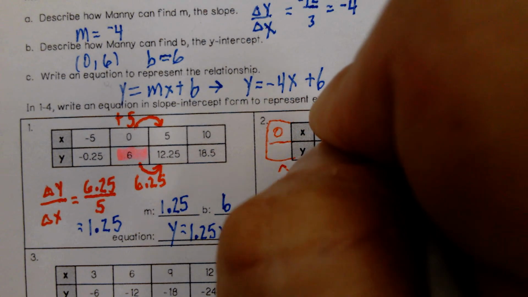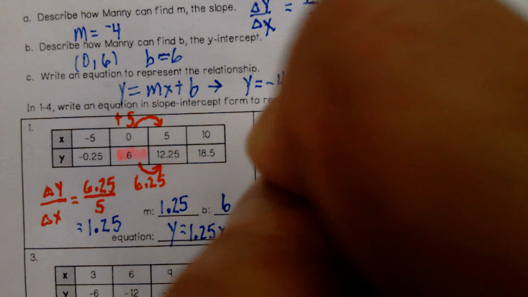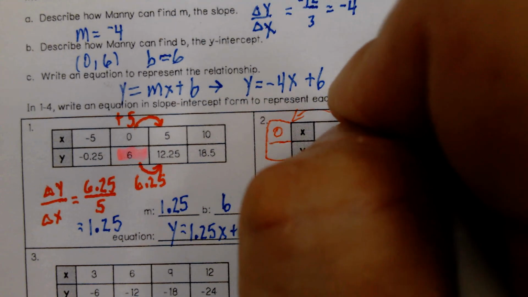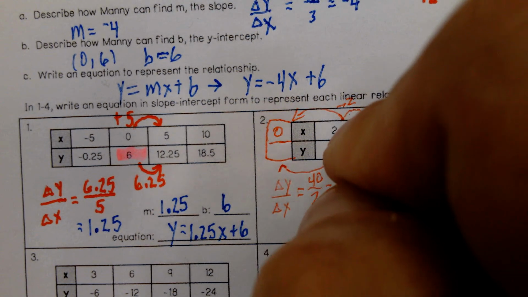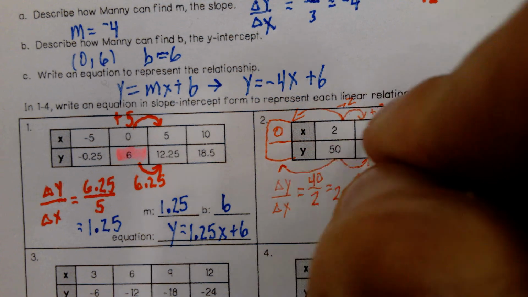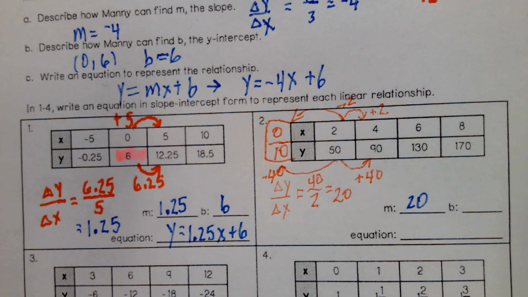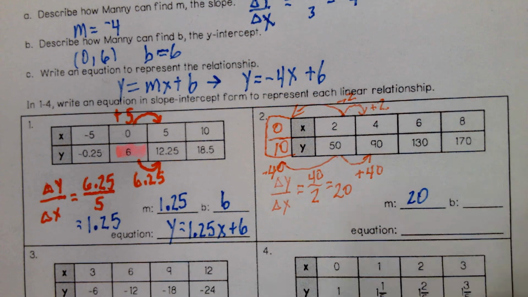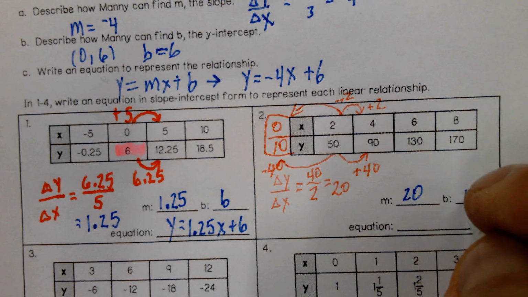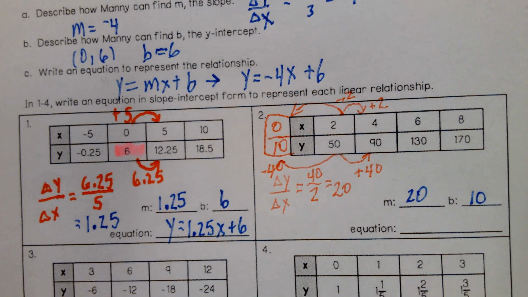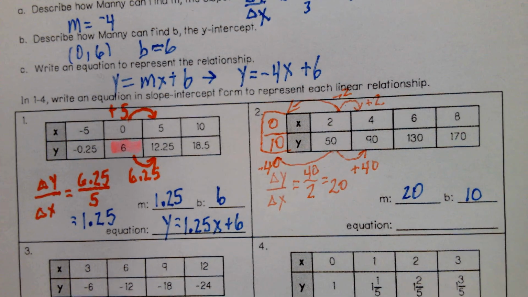So instead of moving forward and adding 2 and 40, we can move backwards. 2 take away 2 gives you 0, so that's minus 2 this way. And then 50 minus 40 is 10. I'll show you another method that would work in a little bit.